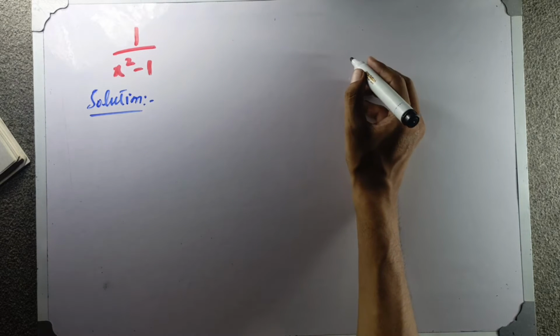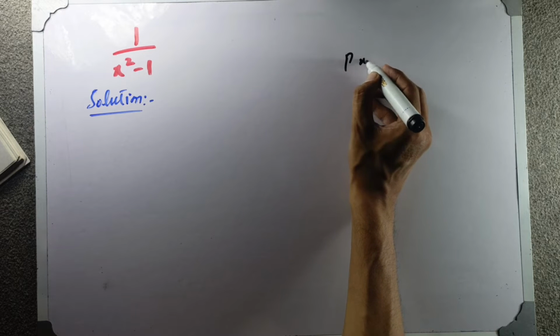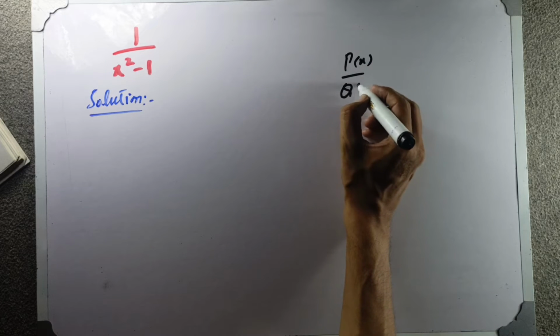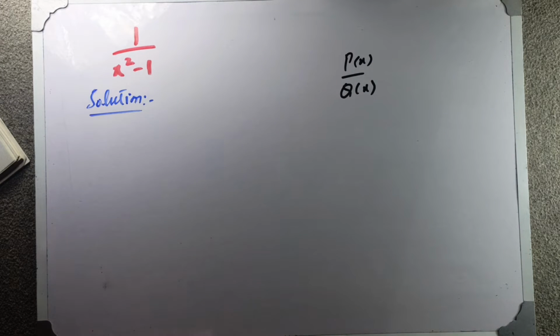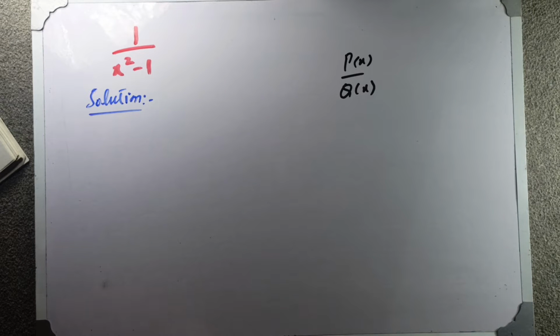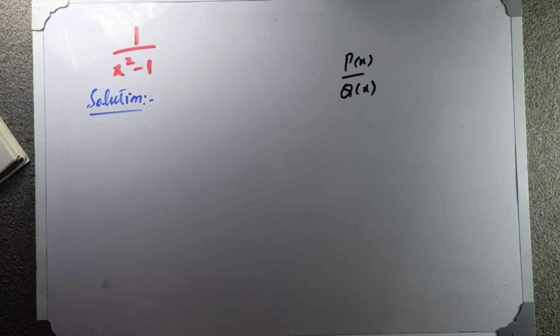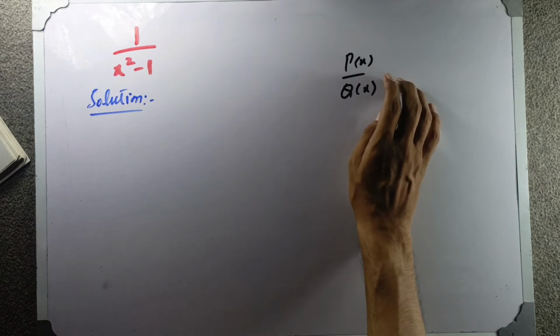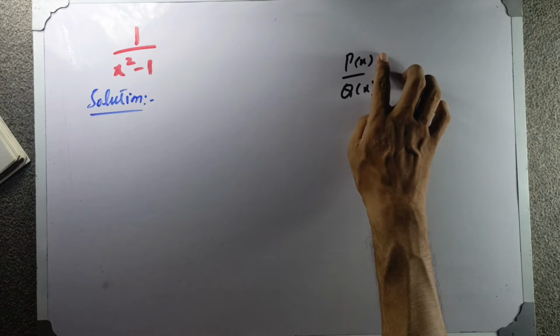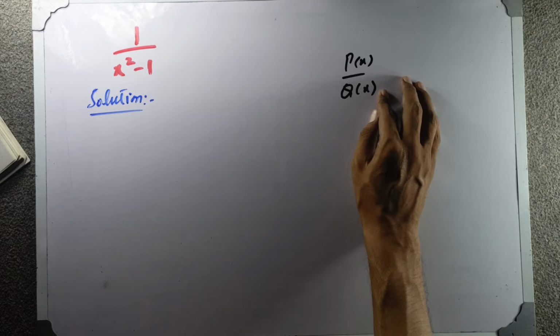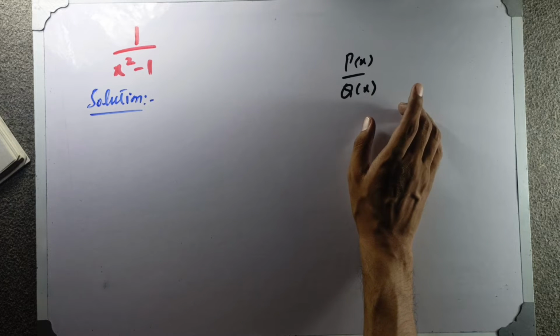Let me say p of x over q of x, a rational fraction, is said to be a proper fraction if the degree of the numerator is less than the degree of the denominator. That's it.